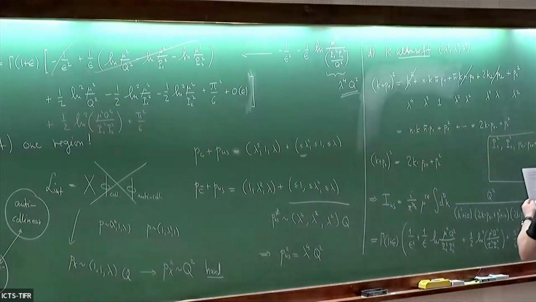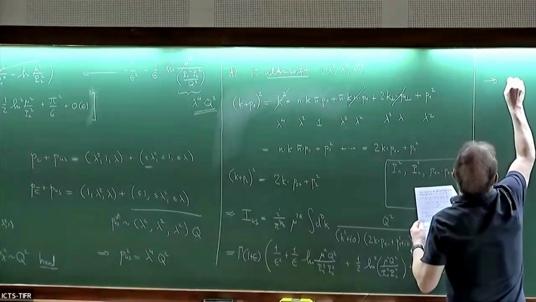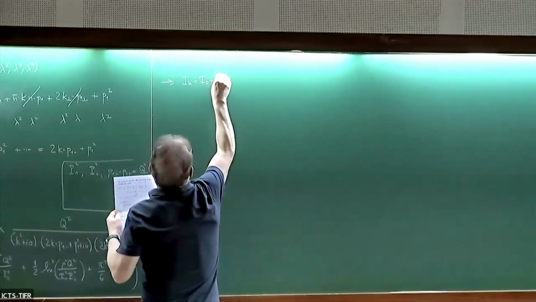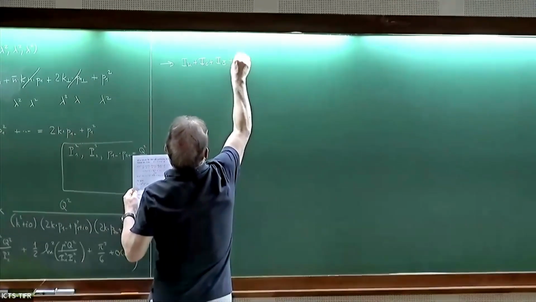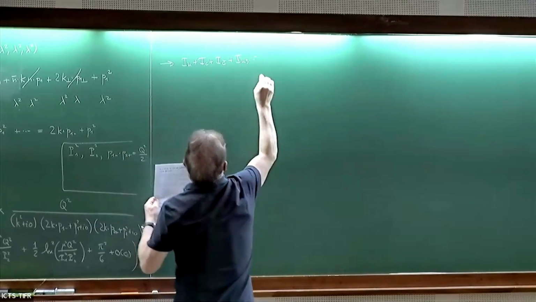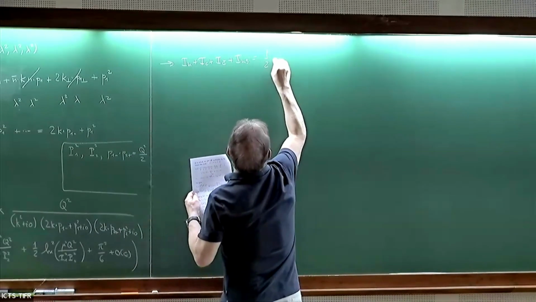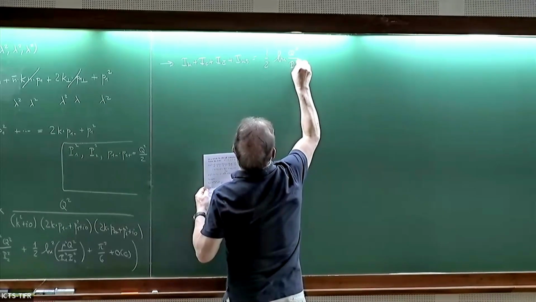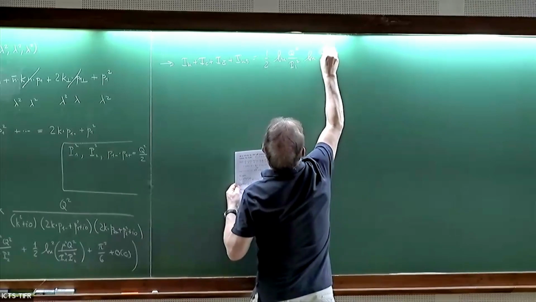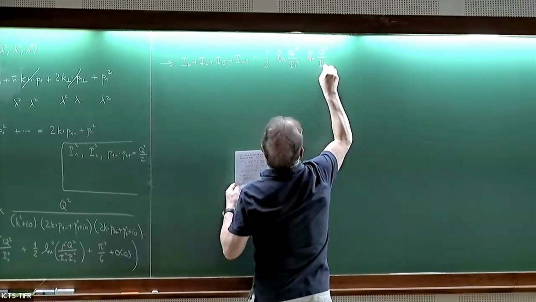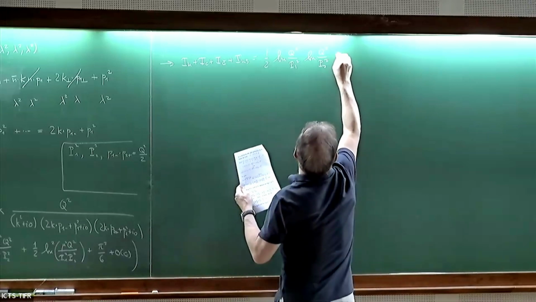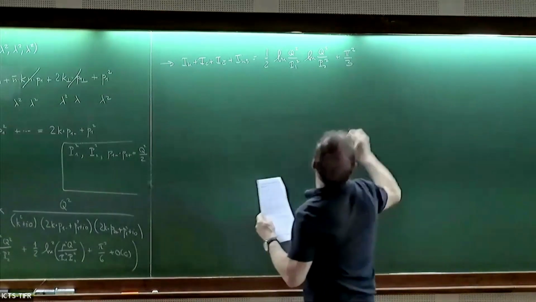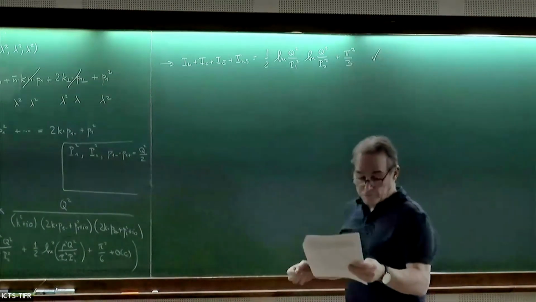And what you find is that for the sum of all contributions, ultrasoft, you get 1/2 log q square over p1 square log q square over p2 square plus pi square over 3, which is exactly the result of the full theory.